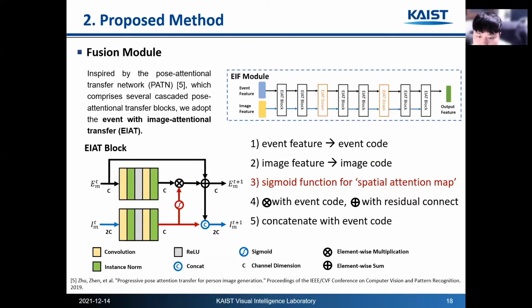And in order to remove the unnecessary features while leaving the necessary features in the image code, the sigmoid function is used to transform it into a spatial attention map having values of 0 to 1. Next, the attention map is multiplied by the event code and added to the original event feature with a residual connection, so that the event branch output is delivered to the next EIA block. The image branch concatenates the result from the event branch and delivers it to the next EIA block.